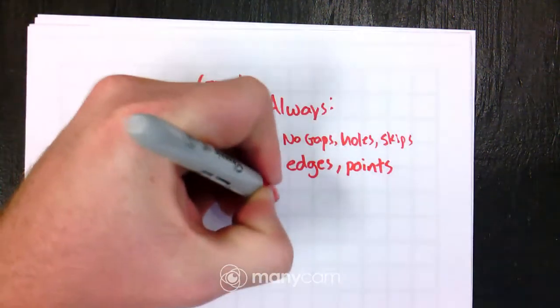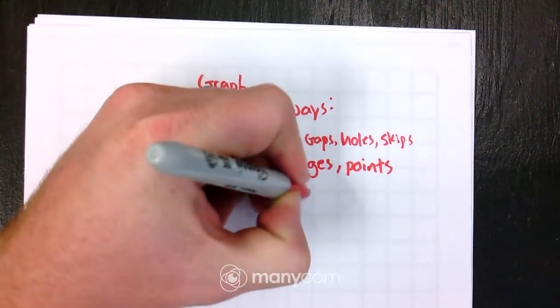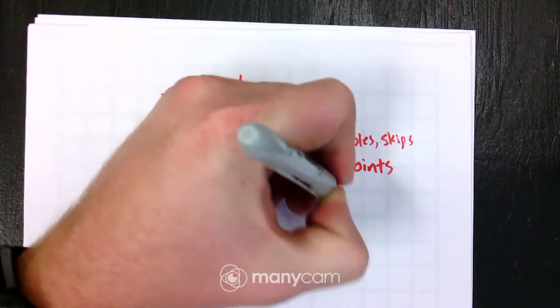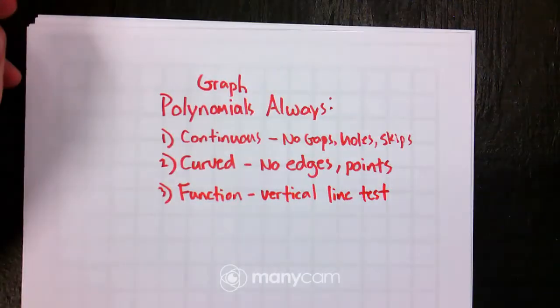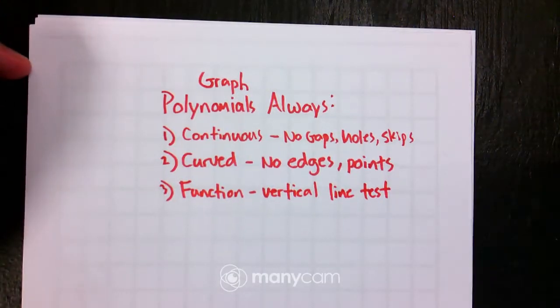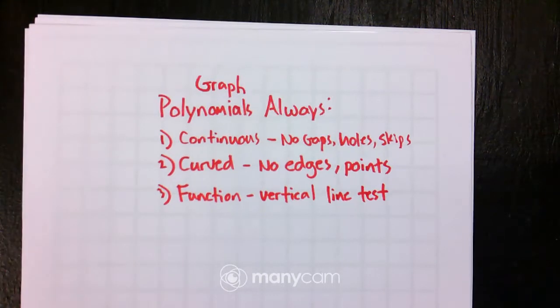So it should be able to pass the vertical line test. It's a polynomial. Let me show you what that means visually.